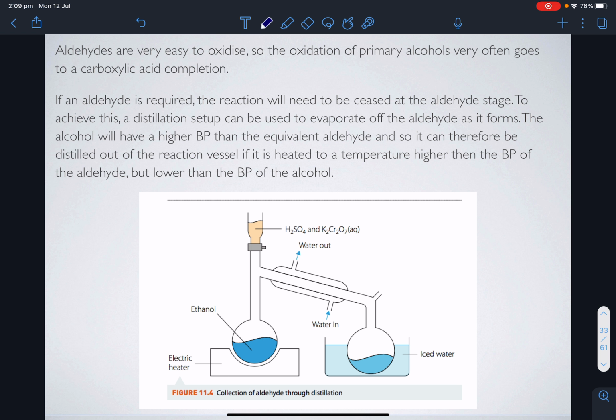So you're going from a primary alcohol to an aldehyde to a carboxylic acid. What happens when you just want the aldehyde? You want it to stop at that middle step. There are a couple of ways you can do it. It is quite difficult. You can think of it as a limiting reagent problem and only add enough of the oxidizing agent to take it halfway.